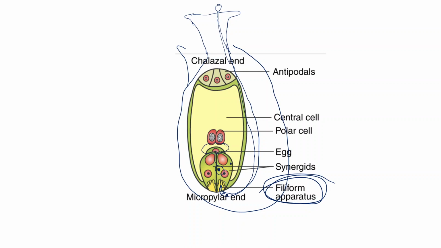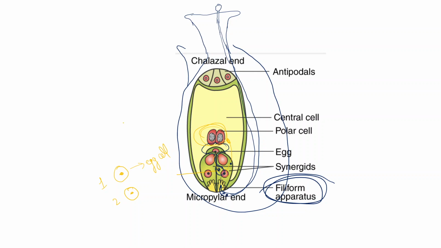These synergids just guide the male gamete, one of the male gametes. And there is a second male gamete too, just behind it. This male gamete fuses with the egg cell. And the second one reaches towards the central cell.